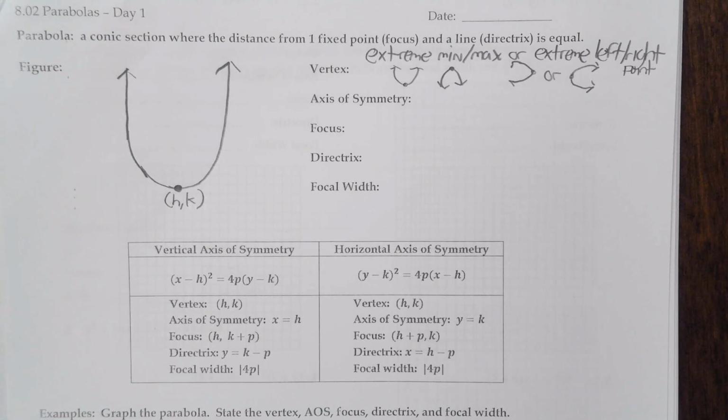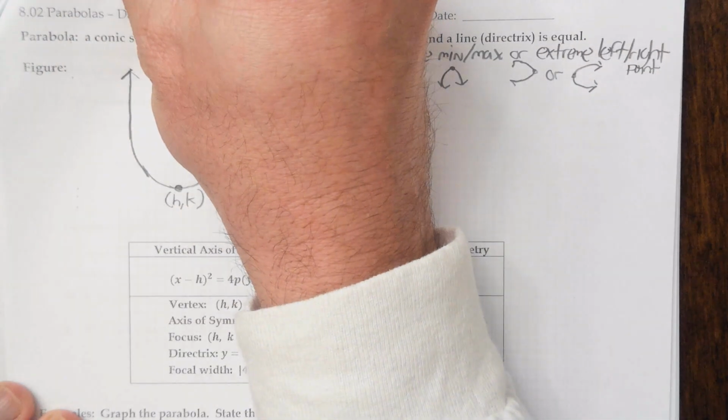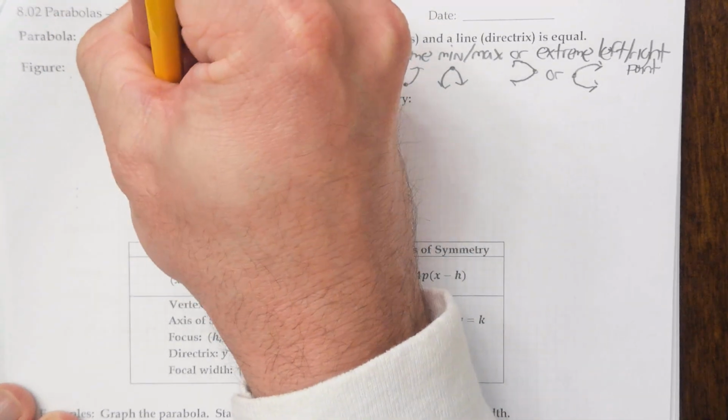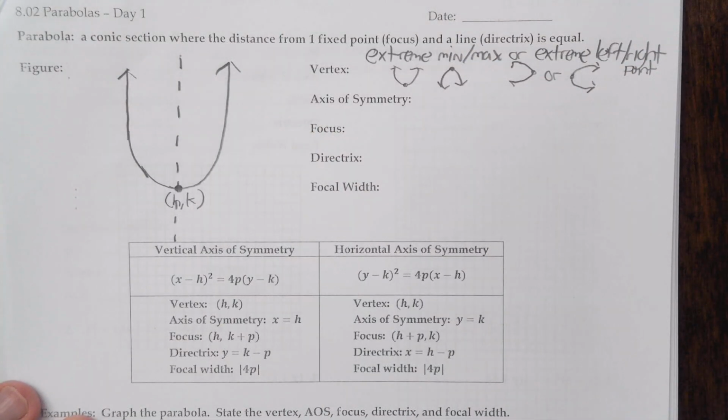Our axis of symmetry goes through the vertex here. We've talked about this before, and it splits the graph in half.